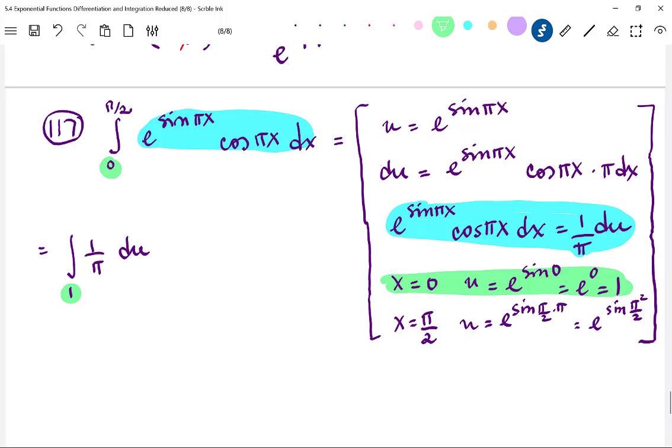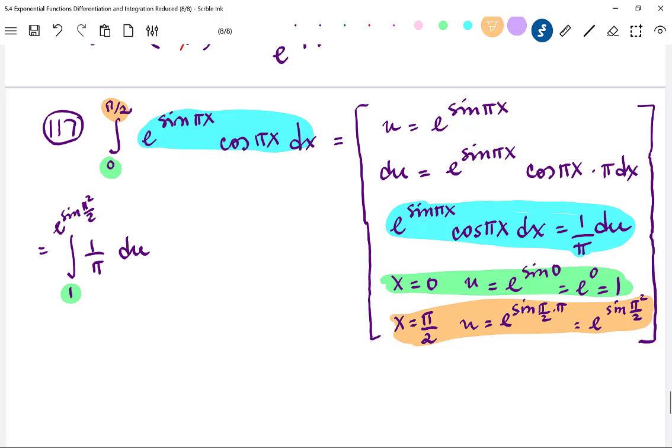And then instead of going to pi over 2, we're going to be going to e to the power of sine of pi squared over 2.